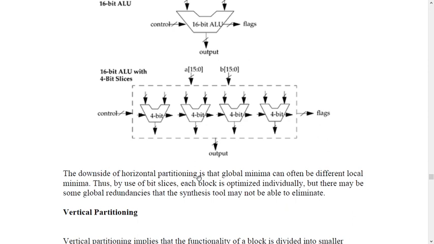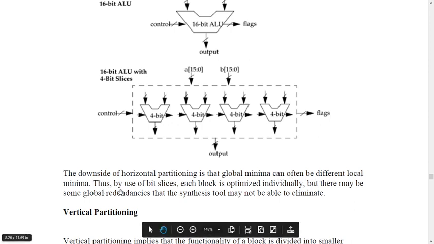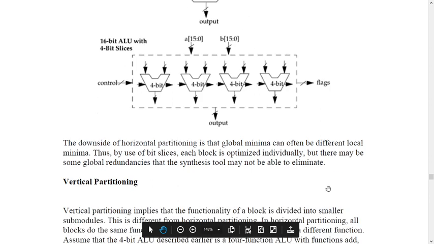The downside of horizontal partitioning is that a global minimum can often differ from the local minima. Thus, by use of bit slices, each block is optimized individually, but there may be some global redundancy that the synthesis tools may not be able to eliminate.